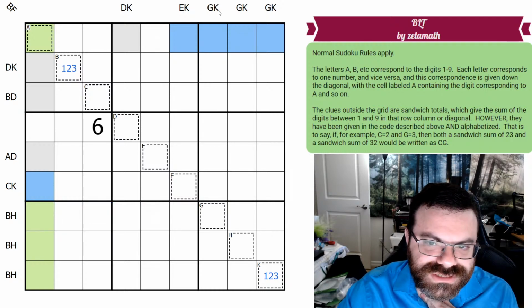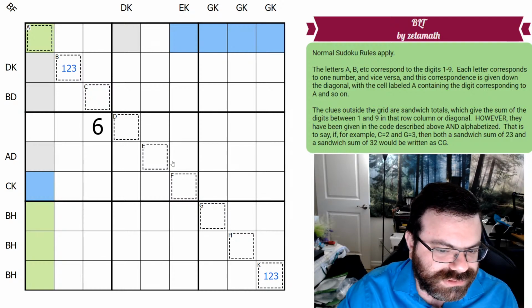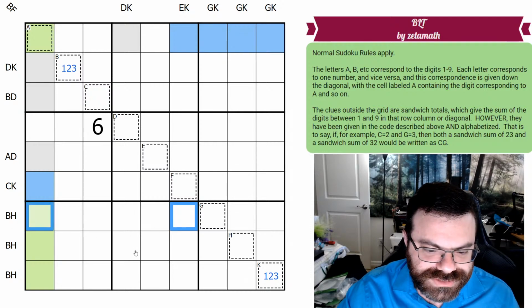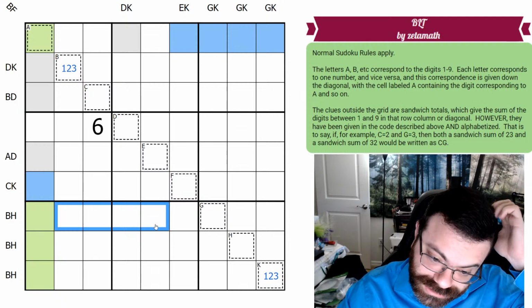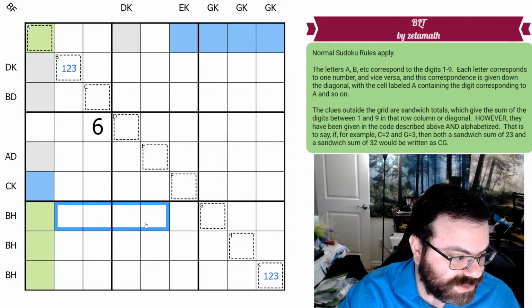So one of these clues is 21 then? That can't be true. I could be all the way on the right side, I suppose. So I could do this and that. And then I can have 4. So that brings us to 27.